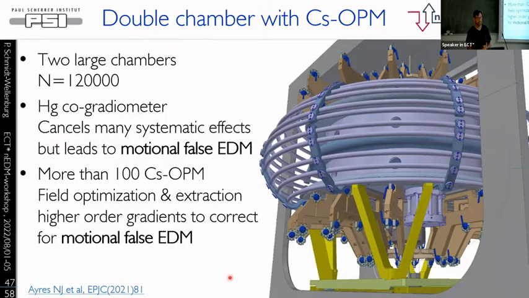Then we converge to a design of the chamber. These are 2 chambers, a top one and a bottom one. In between, you have the high voltage electrode, which is charged up to something like 180 kilovolts, which results in the 15 kilovolts per centimeter field. Outside here, this thing here is a cage. So to make sure it's a Faraday cage, that everything which is outside there is at ground potential and doesn't see the high electric field.